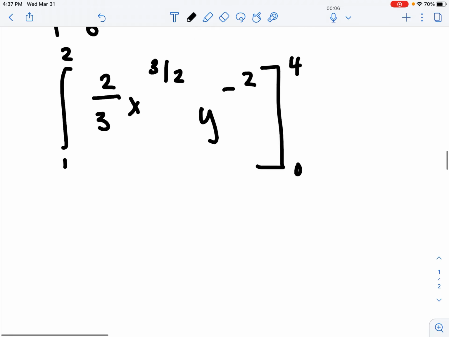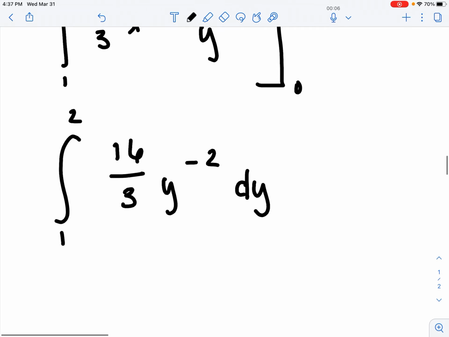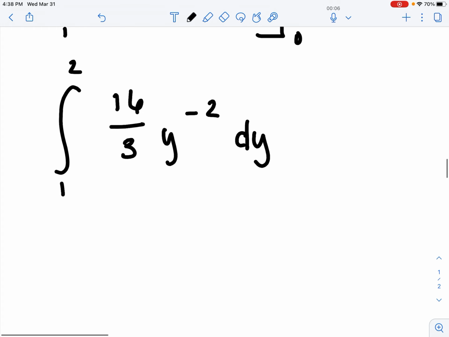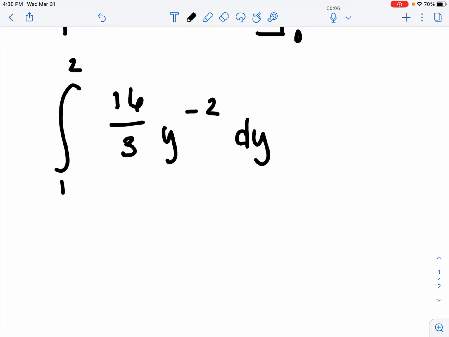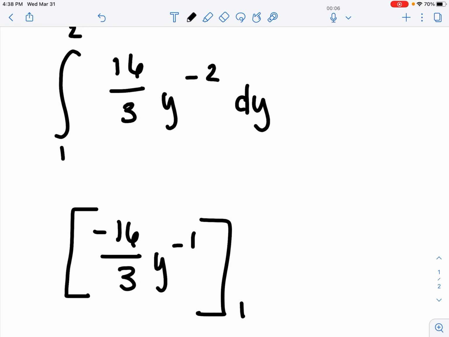And then plugging those in, that stays from 1 to 2, and we get 16 over 3 y raised to the negative 2 dy. Oh, I did want to point out, you should still carry the dy there. Don't forget that. And then further solving that, we will get negative 16 over 3 y raised to the negative 1 from 1 to 2.